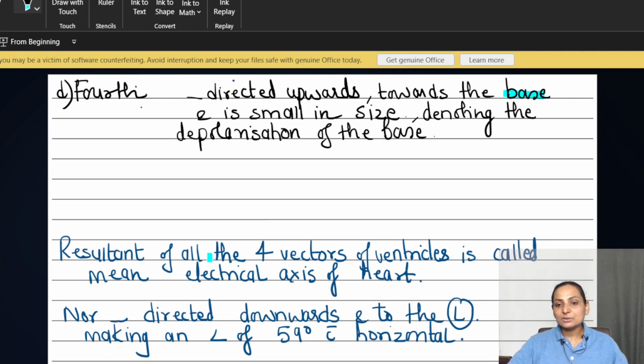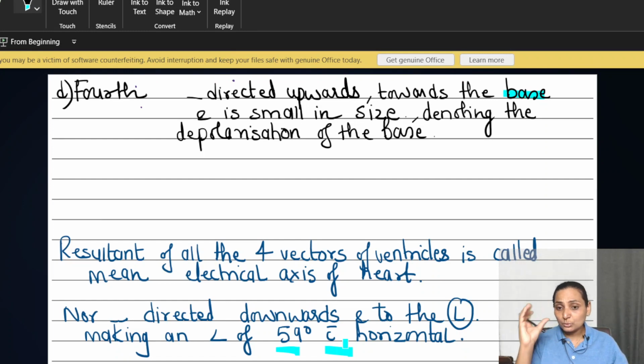So the resultant of all the 4 vectors of the ventricles is called the mean electrical axis of the heart, which is downwards and towards the left, making an angle of 59 degrees with the horizontal. For time being, this much is quite sufficient, right?